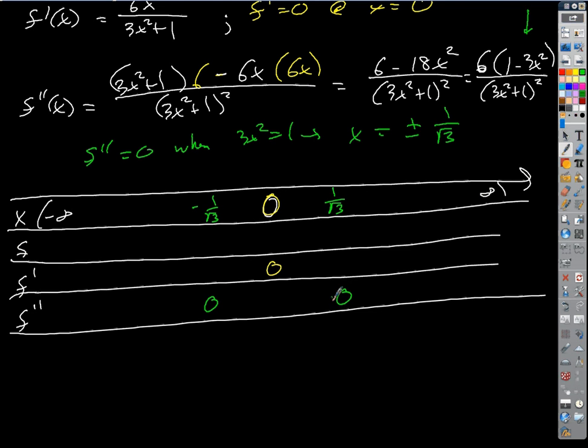Now look how nicely that sets things up for us. If we want to figure out where we have inflection points, we're going to have to pick some test points around the zeros of the second derivative. But we're killing two birds with one stone here, because one of our test points would be 0, which we're going to apply the second derivative test to anyway, right?